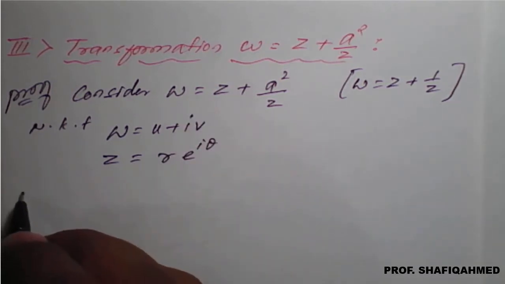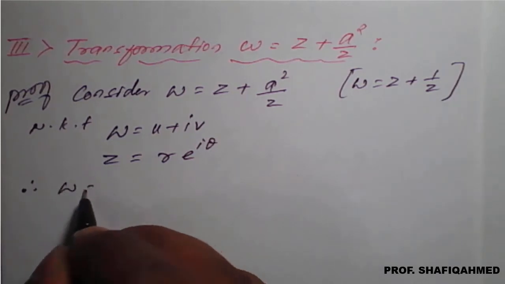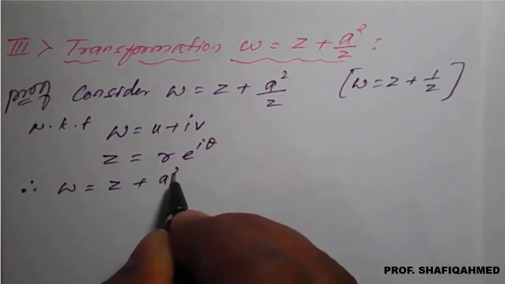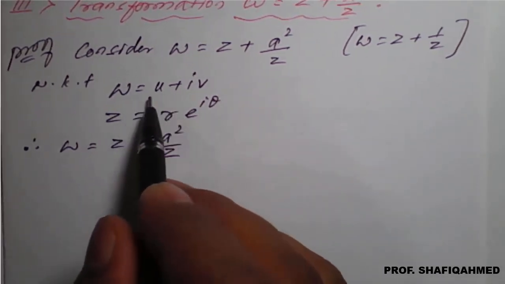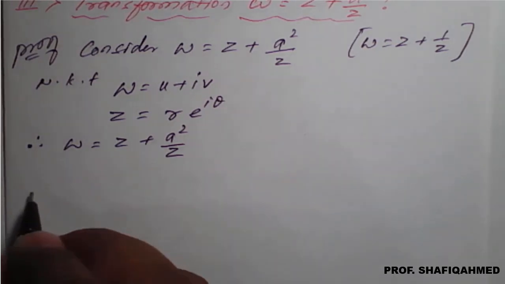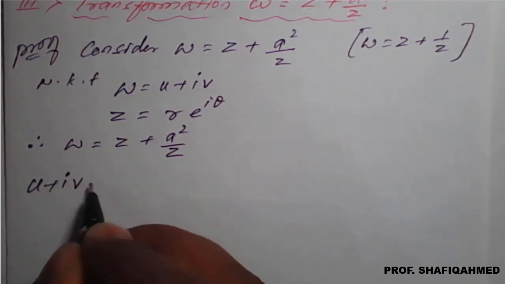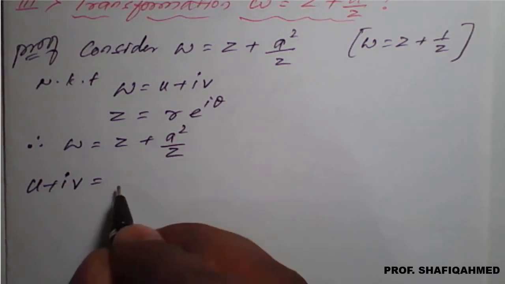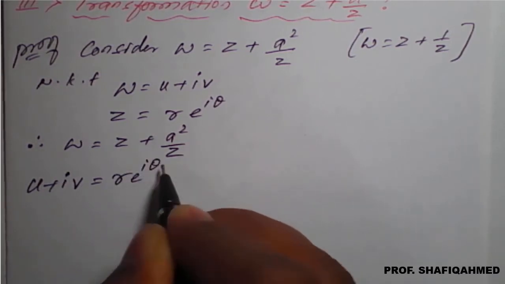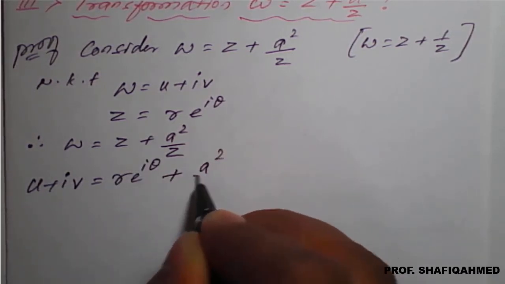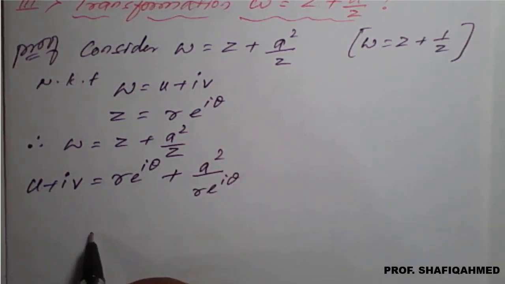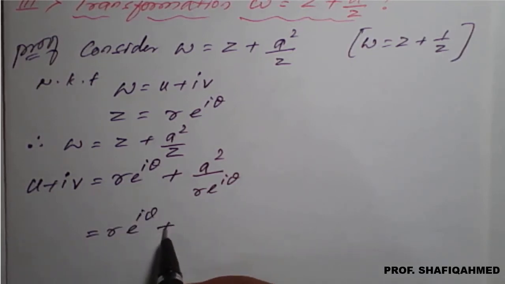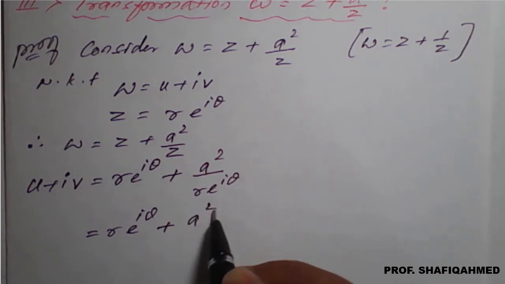Therefore the above expression, w = z + a²/z, on replacing w and z, becomes u + iv = r e^(iθ) + a² divided by r e^(iθ).